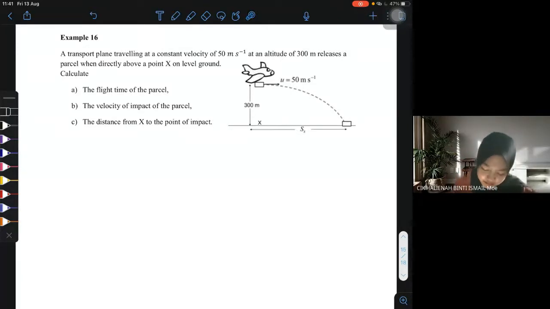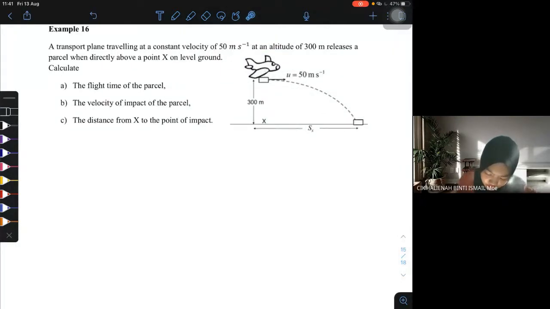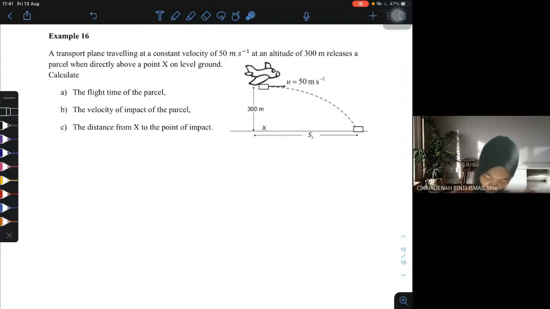Example 16 here. So we are given a figure here. We have a plane traveling at a constant velocity of 50 meter per second at an altitude of 300 meter, releases a parcel when directly above a point X on level ground. So we are given here the plane with initial velocity 50 meter per second. And then we are given the value for the displacement here, which is SY, 300 meter.